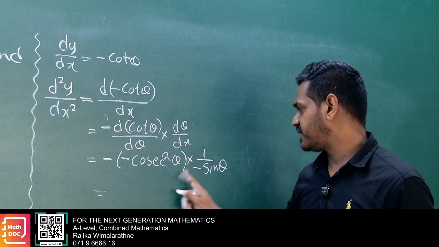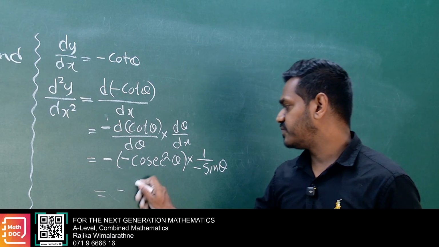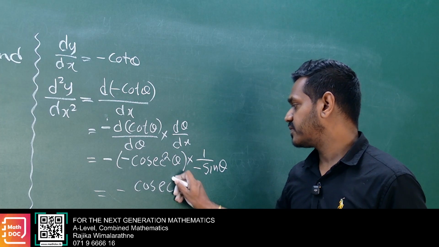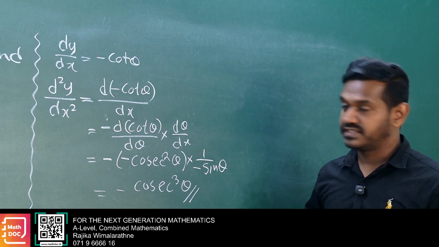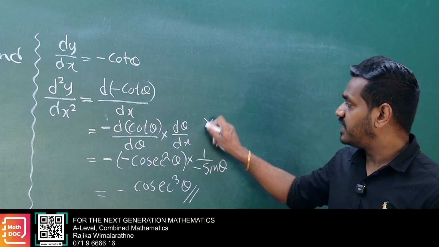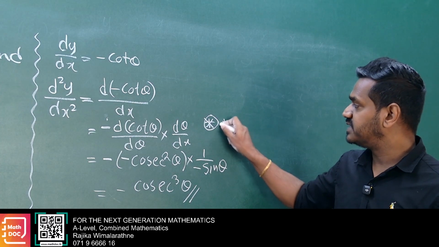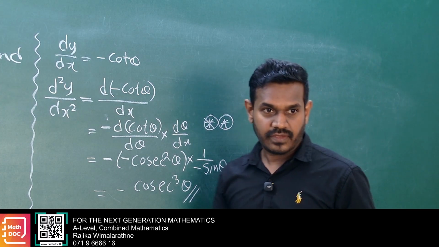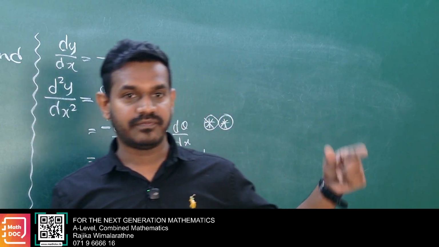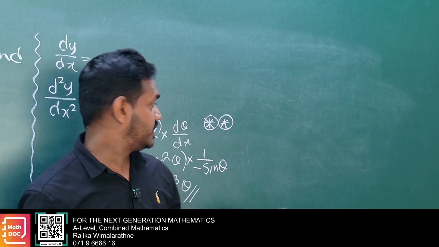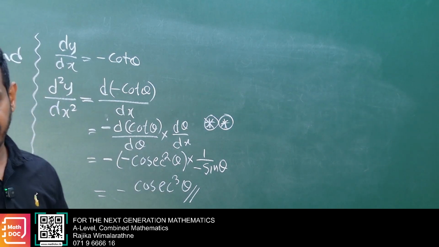Then minus minus gives plus, and we get cosec cube theta. That's how we differentiate. This point is very special, otherwise you will miss it. First differentiate by theta and then multiply by d theta by dx. Okay, do the second derivative.